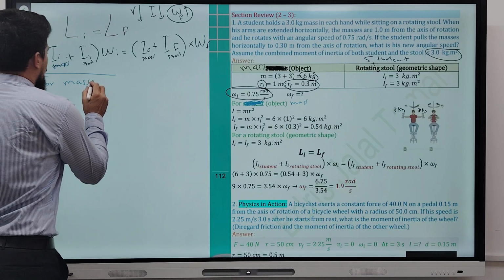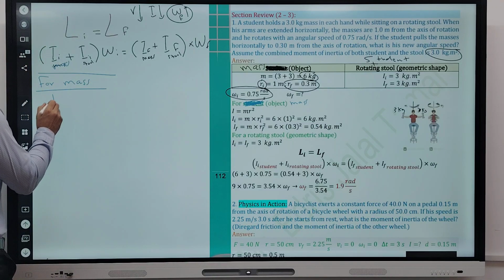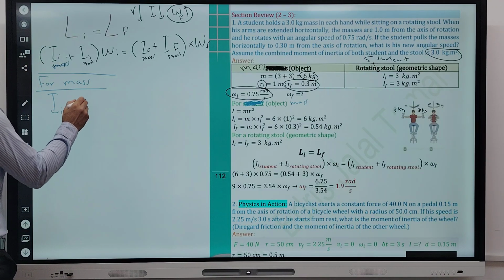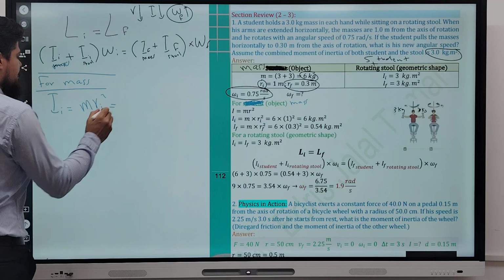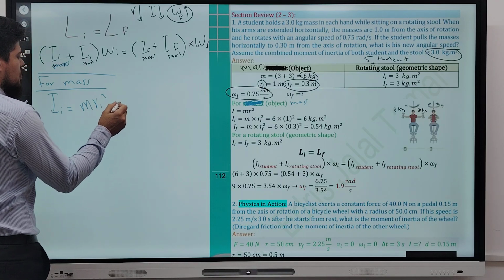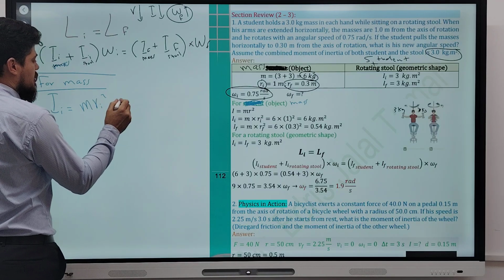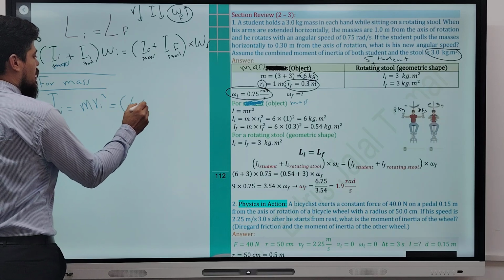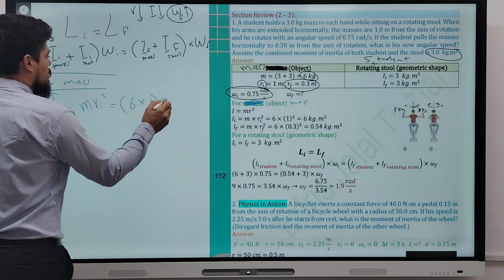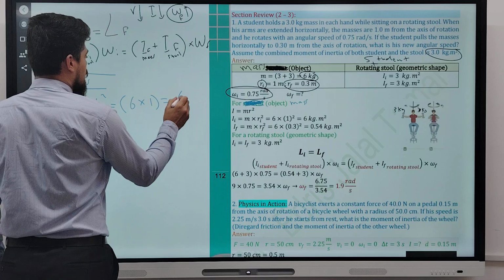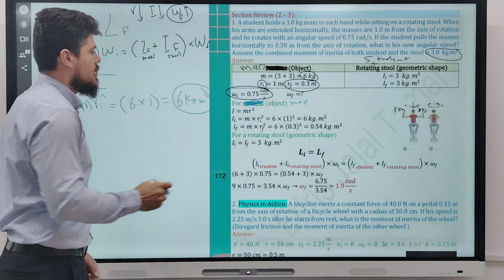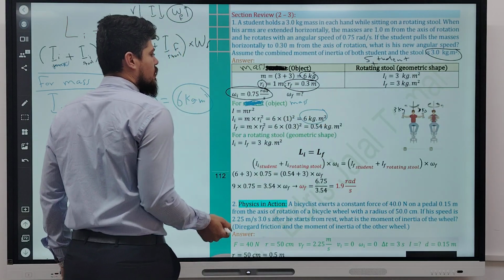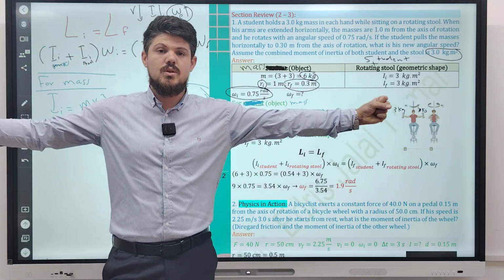For the 2 masses, I initial is equal to M R initial squared. The 2 masses together are 6 kilogram times R initial 1 meter. 6 times 1 is equal to 6 kilogram meter squared. What is this? This is the initial moment of inertia for the 2 masses, for the 2 dumbbells.